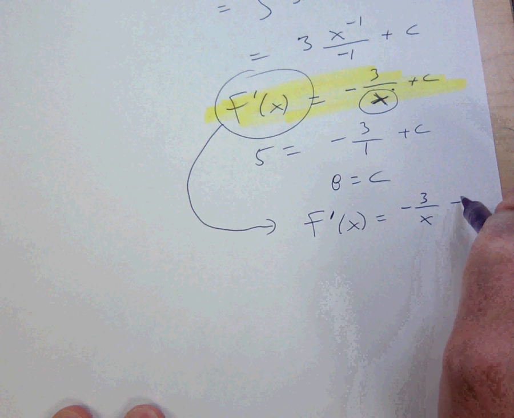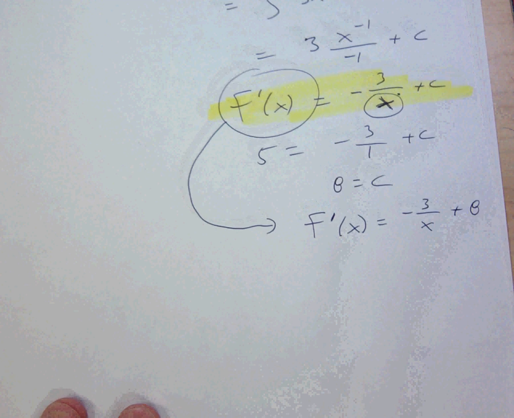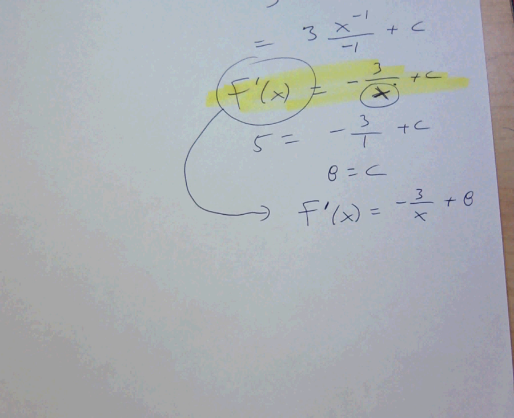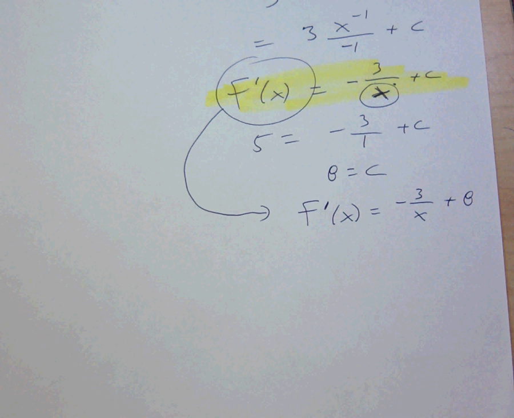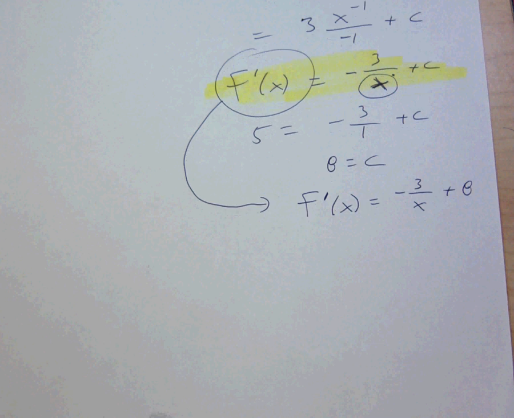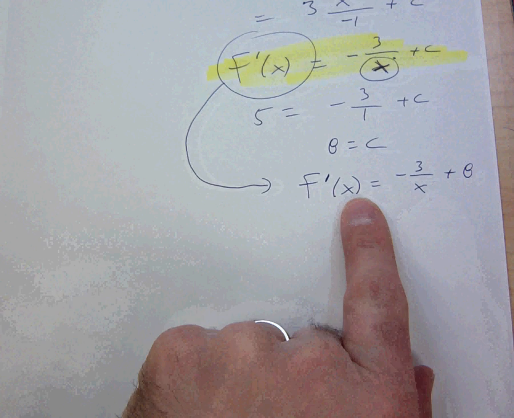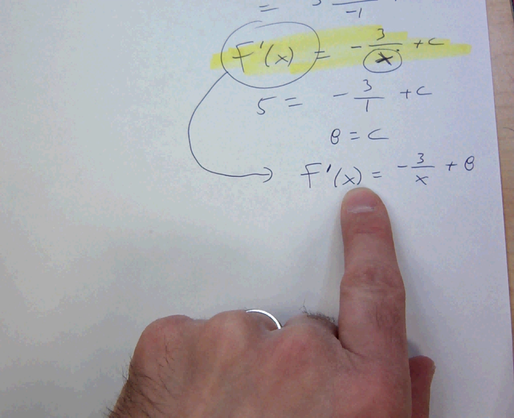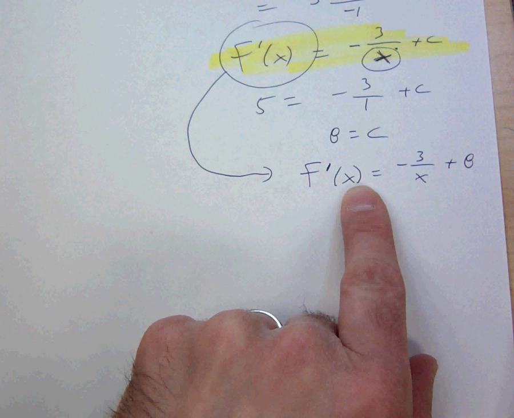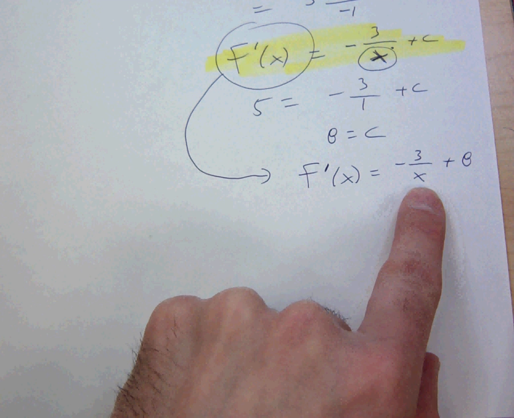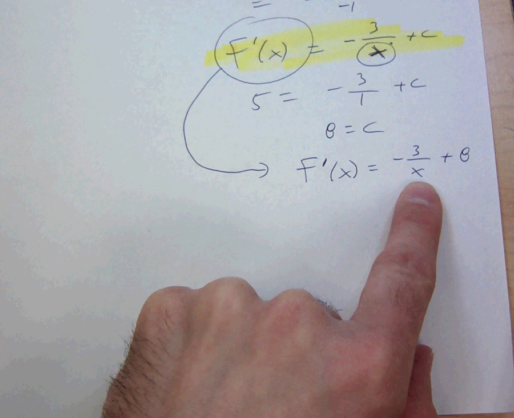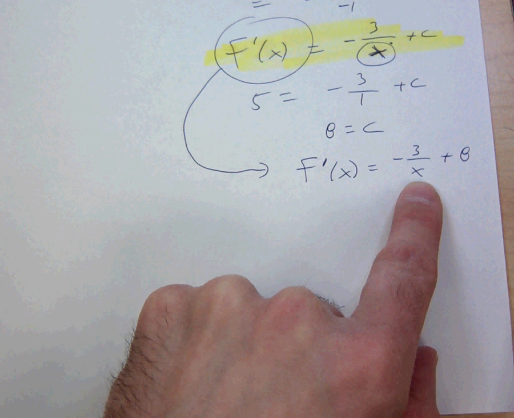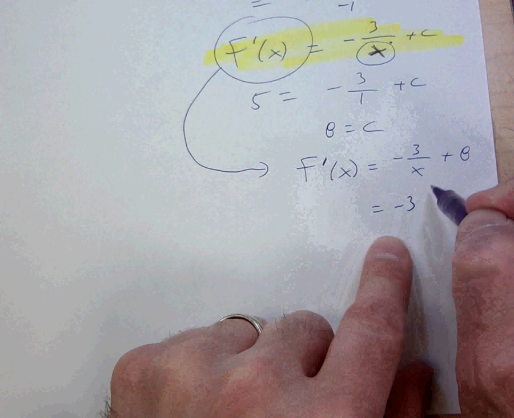Okay. Any questions so far? All right, now what do I need to do to this to turn this into f? Christina, what do I need to do to this to turn this into f? Okay, the power rule you just discovered would fail, because it would be dividing by 0. Good, okay.